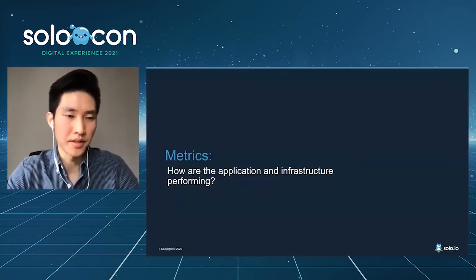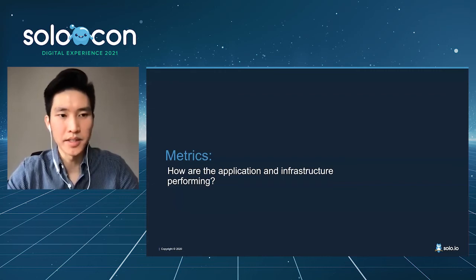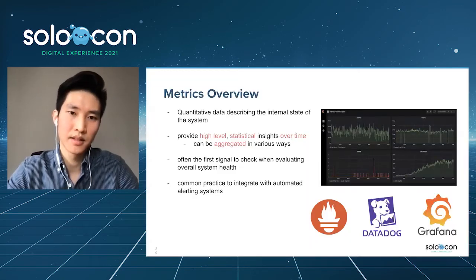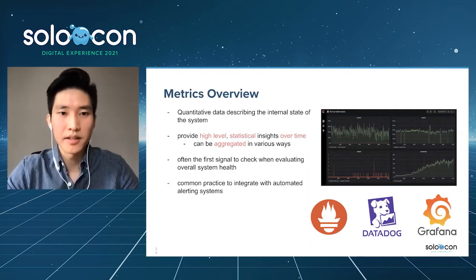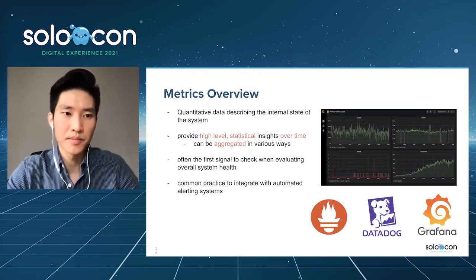Moving on to metrics, the third pillar. Metrics help us answer the question, how are the application and infrastructure components performing? More concretely, they are quantitative data that describe the internal state of the system. And again, the exact metrics depends on how an application is instrumented.